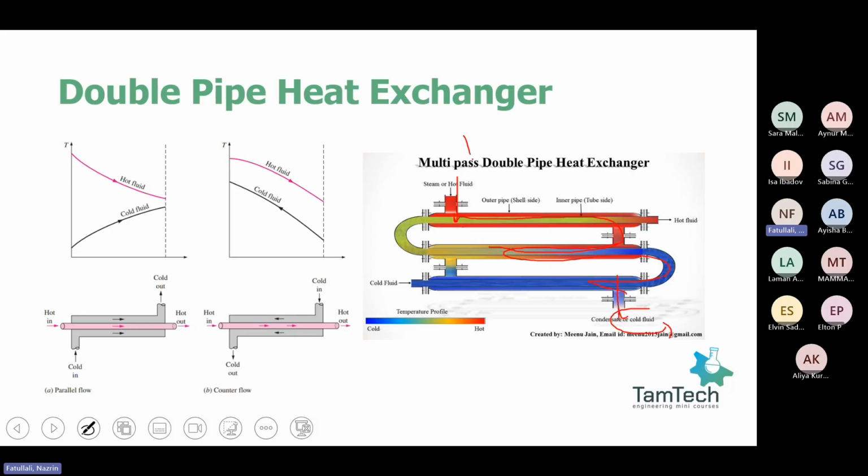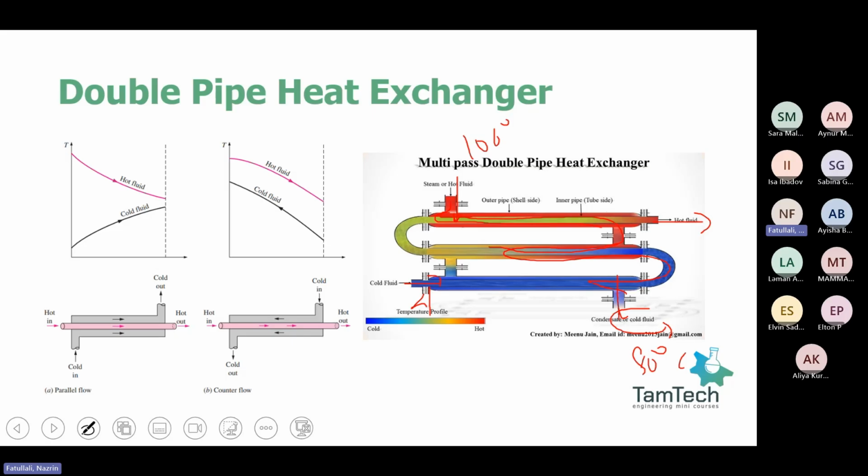For example, it enters at 100 degrees and leaves at 80 degrees. In the outer side, we have an additional tube, and your cold fluid enters from there and leaves from here as hot or warm fluid.